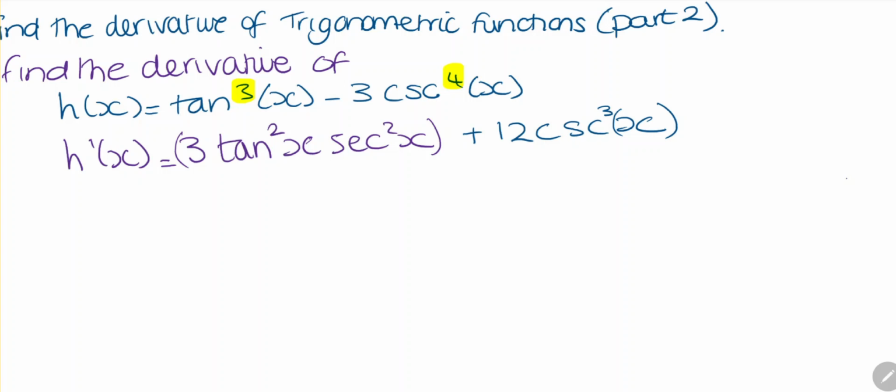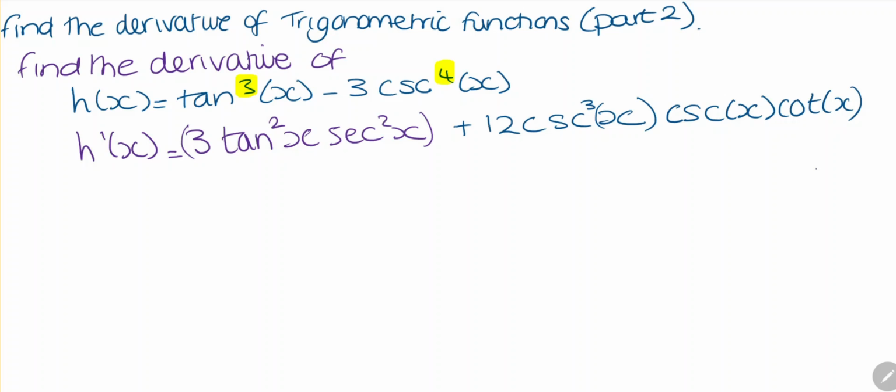Now this needs to be, as I said, multiplied by the derivative of cosecant of x. So this is going to be cosecant of x multiplied by cotangent of x. Now what we'll notice is that we have cosecant cubed here, and we have a cosecant here. So we can simplify, we can multiply these together.